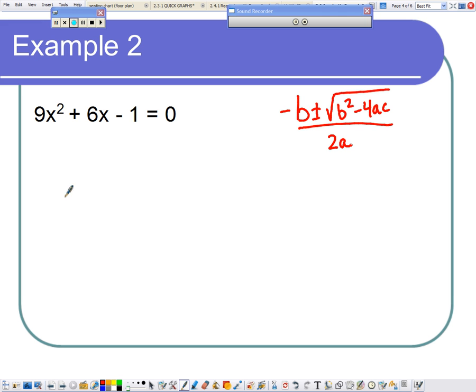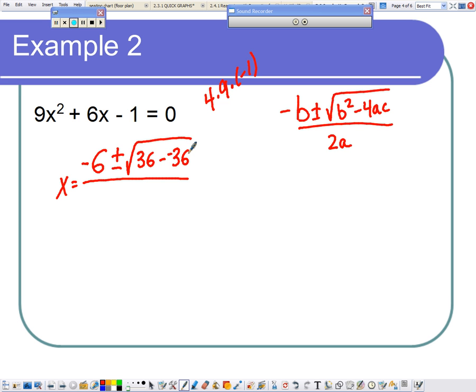So when we're looking at this, x equals negative b, so it's a positive 6, so I'm going to turn it to a negative 6, plus or minus square root of b squared, which is 36. And if I find that 4ac, remember it's 4 times a, which is 9, times c, which is negative 1. So 36, so I get a negative 36. Remember, I have to change the signs, minus a negative. And then 2 times 9 gives me 18.